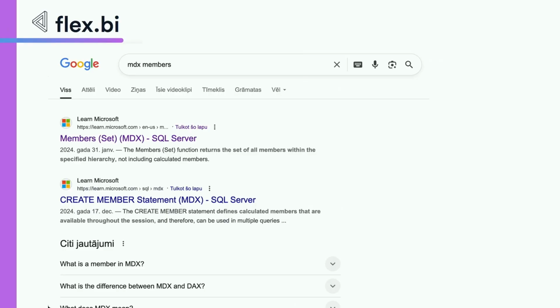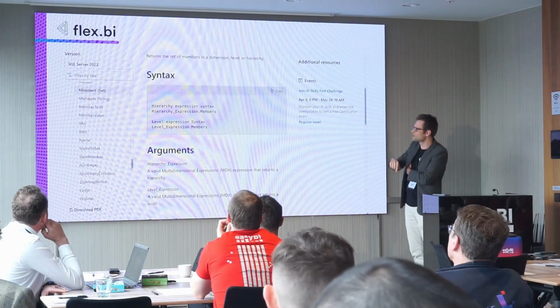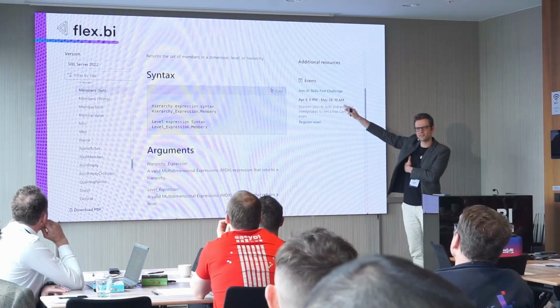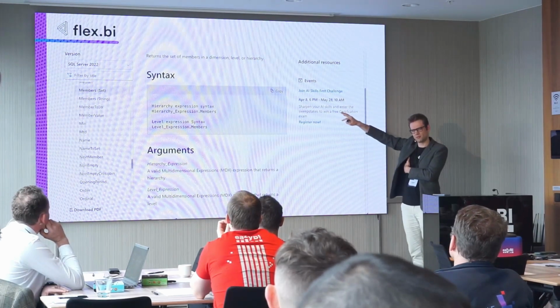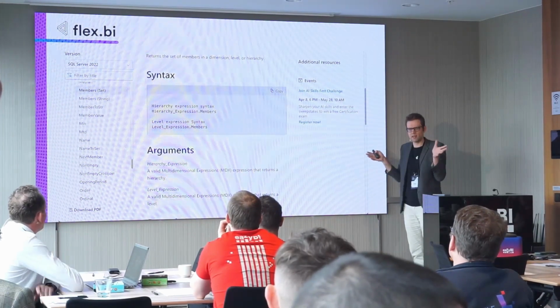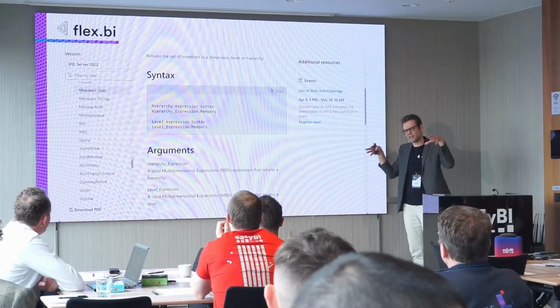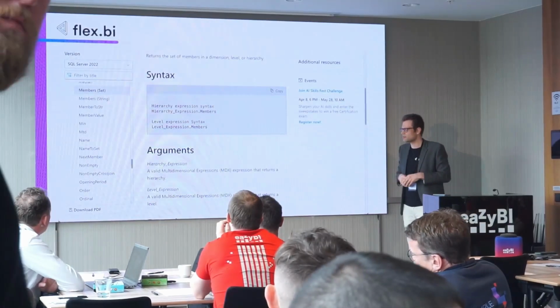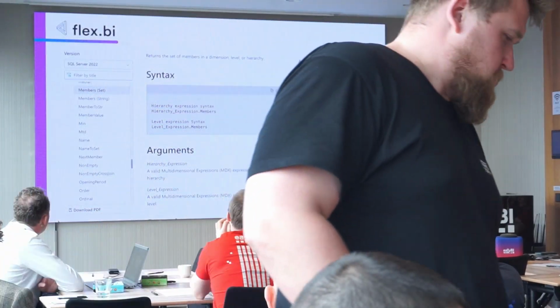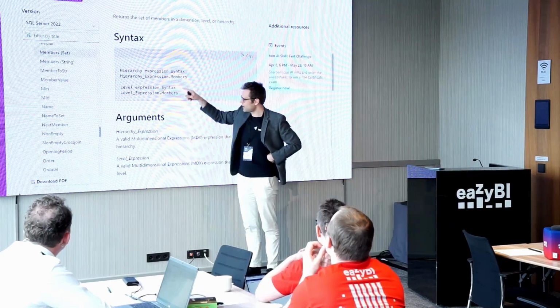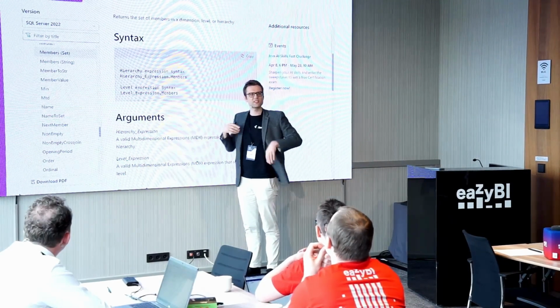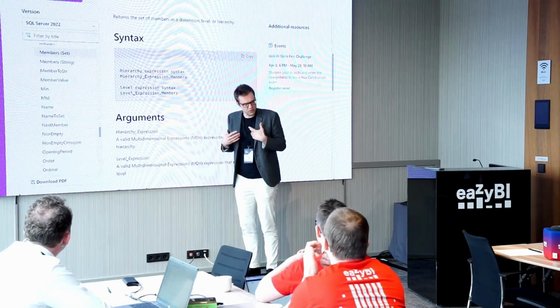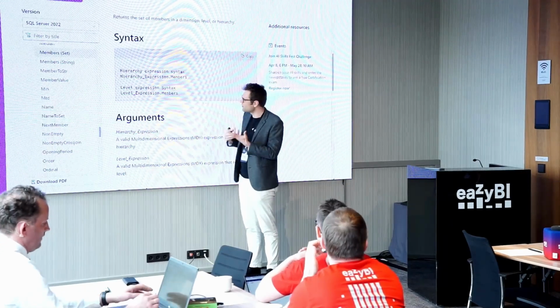We're going to type MDX members, and we're going to use other sites' documentation. A lot of the stuff is not useful because it's general MDX language, and eazyBI is a simplified, slightly changed language. However, we can still use the syntax and arguments, right? So you can see what the function expects us to do and how it works. We can figure that out.